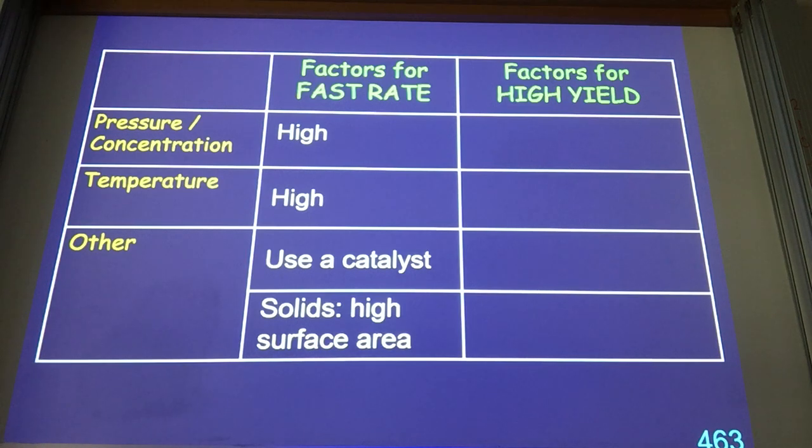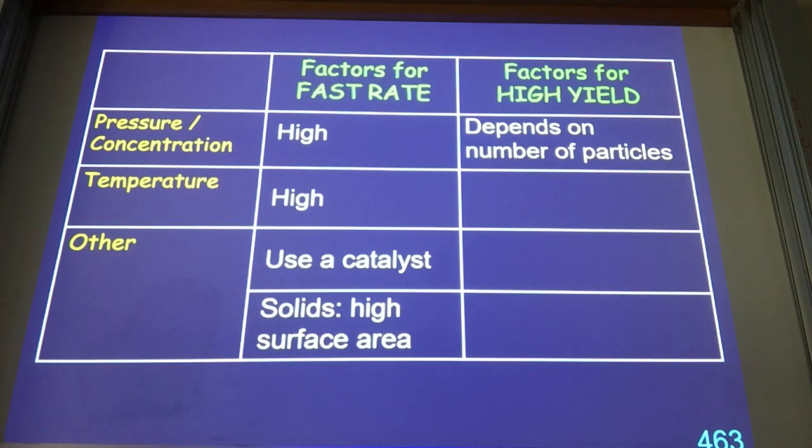What factors will produce a high yield? What do we do to pressure and concentration to get a high yield? Well, it depends on the number of particles. If the right-hand side has got more particles, then it's a low pressure. If the right-hand side has got fewer particles, it's going to be a high pressure.